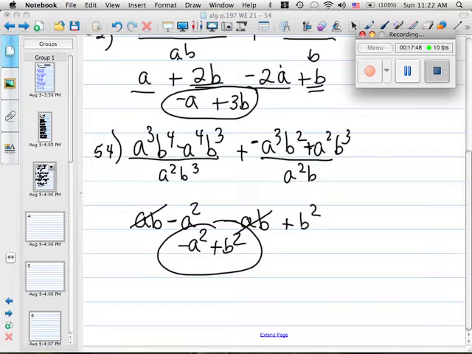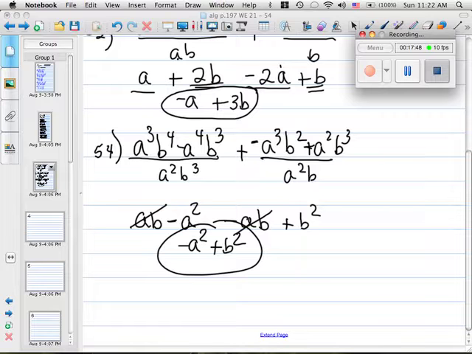Distribute the negative sign first, subtracting, so we change the sign to addition and change all the signs of the terms that come after. Divide, the a's go, and take out 2a, so I have an a left. The b, I can take out 3 b's, and I have a b left. Minus a to the fourth, the 2's cancel out, and the b to the third cancels.